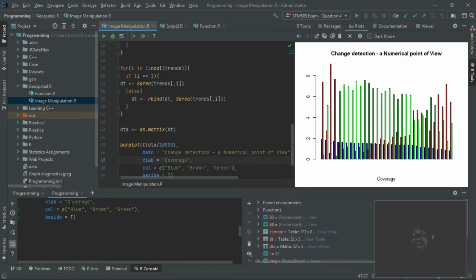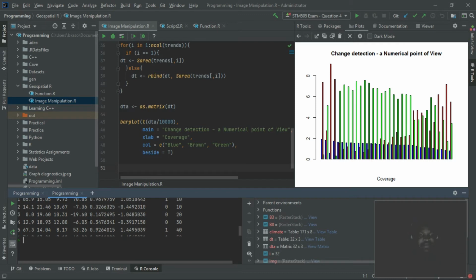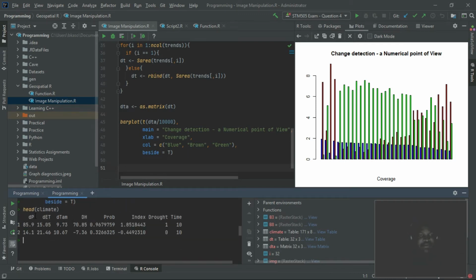So next, what we can try and do is call the climate data that we had. We loaded climate data, right? So let's say if we call head climate, the data has got decadal information about precipitation, evapotranspiration, temperature.